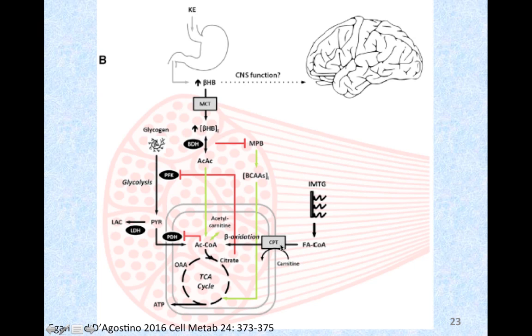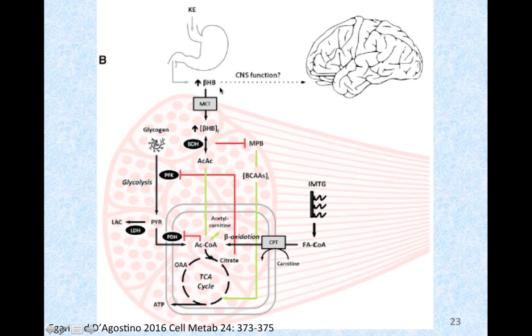And this is the carnitine transferase here, so the fatty acid goes in for beta oxidation. So it may be a way of actually enhancing energy production from intramuscular triglycerides in this case. Okay, so we'll look at this coming up.